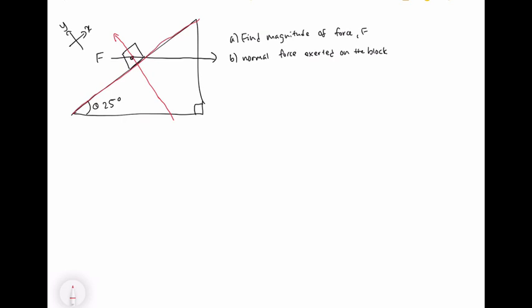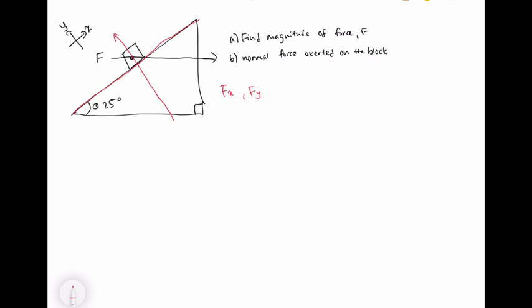Next, I want to draw my free body diagram. Before I do that, I need to know what my Fx and my Fy are, on the projection of my y and x axes.